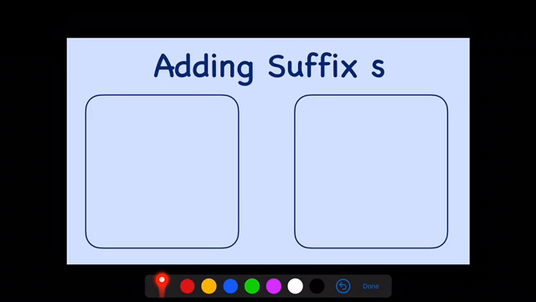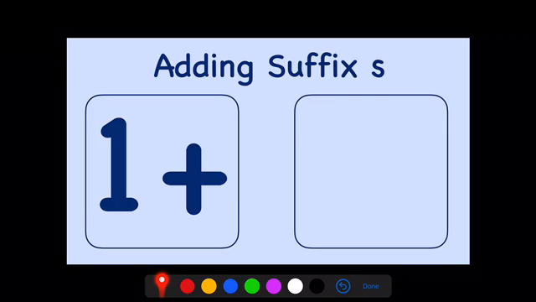We've got 2 suffix squares, and these are going to be pictures, so you can draw them into your strategy book if you'd like to. First reason, I add suffix s to the end of a word if I am writing or talking about more than one.